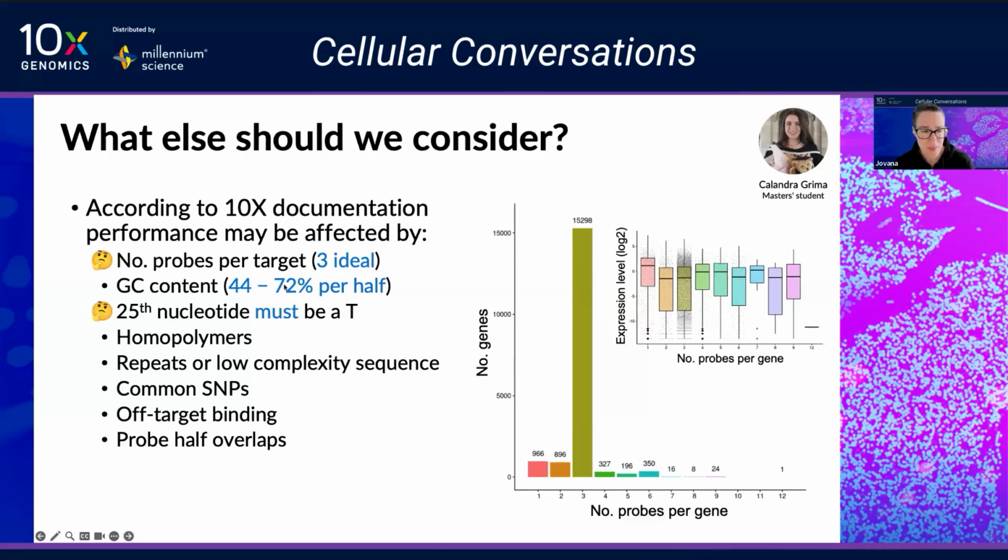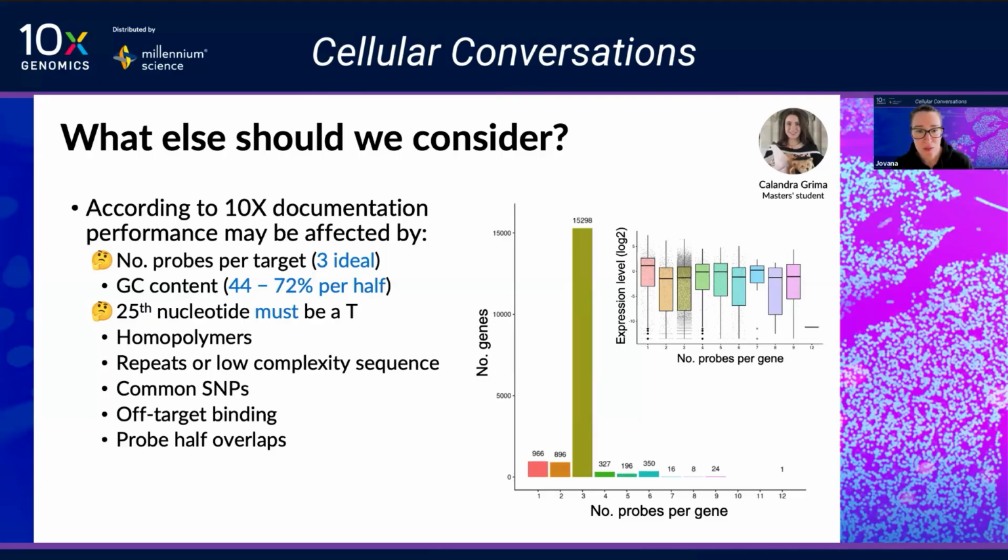And the third thing that was noted in the documentation that we really had to think about a lot was this 25th nucleotide must be a T. So this is what the documentation said. And we found that to be quite restrictive for us because you can imagine, we need to target this breakpoint and we need to be slightly offset from it so that we can get specificity in either the left half or the right half of the probe.